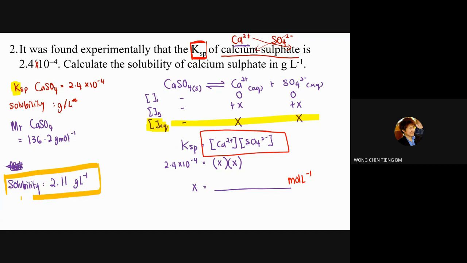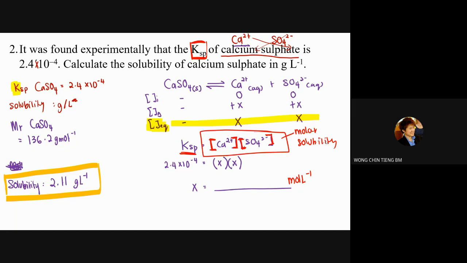Okay, so I want to remind you of one thing before we move on, guys. Attention a bit. One very crucial thing is that when we talk about Ksp, we must talk about concentration. So whatever goes in or comes out of Ksp must be molar solubility. Always remember that. Okay? In yesterday's video, at the bottom corner I wrote that Ksp will only take count of your molar solubility.